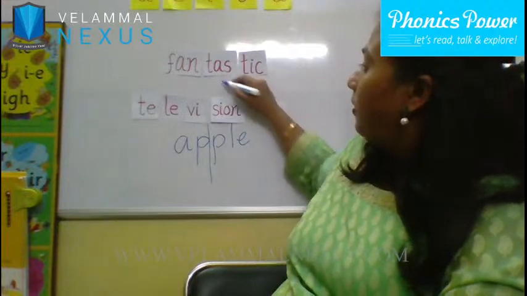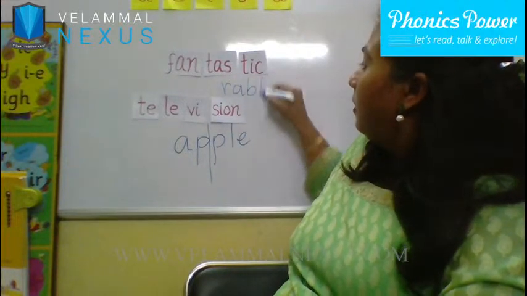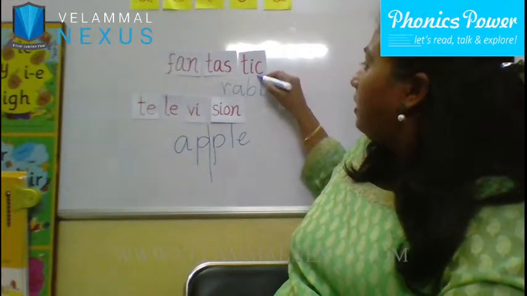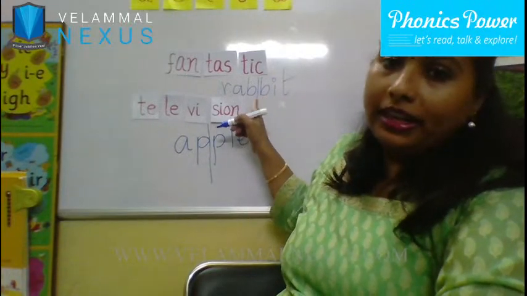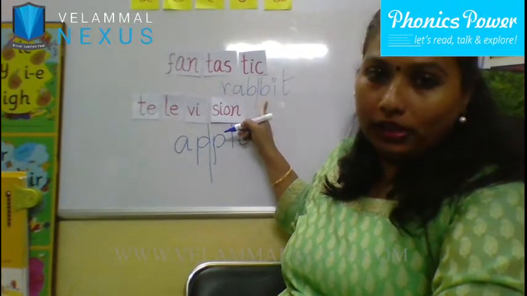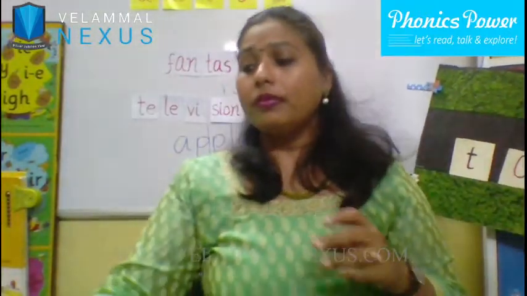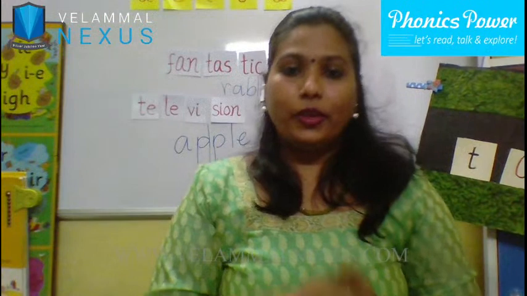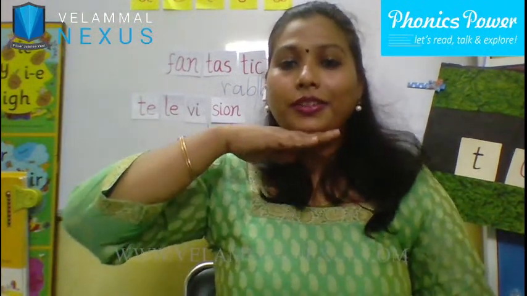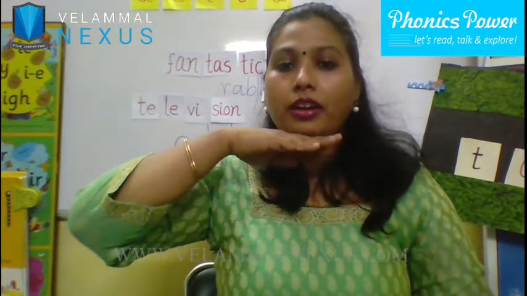Or the word rabbit, break in between the double consonants. So, rabbit, rab. So, the word is furry. Okay, now try furry.